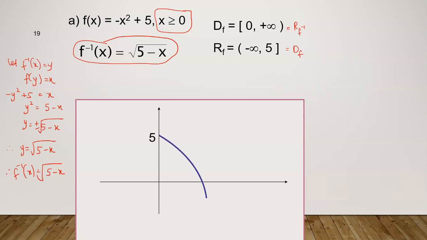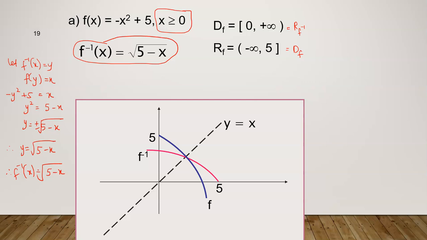So this is our graph from before, our f. So this is the line of y equals to x. Okay, you see the pink graph, that is our f inverse, right?